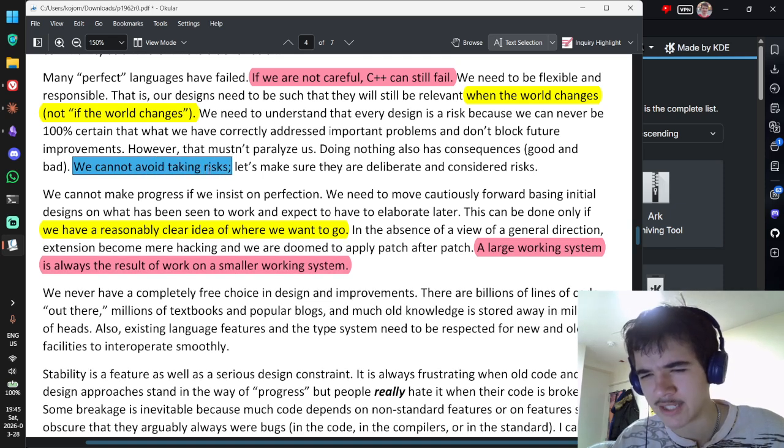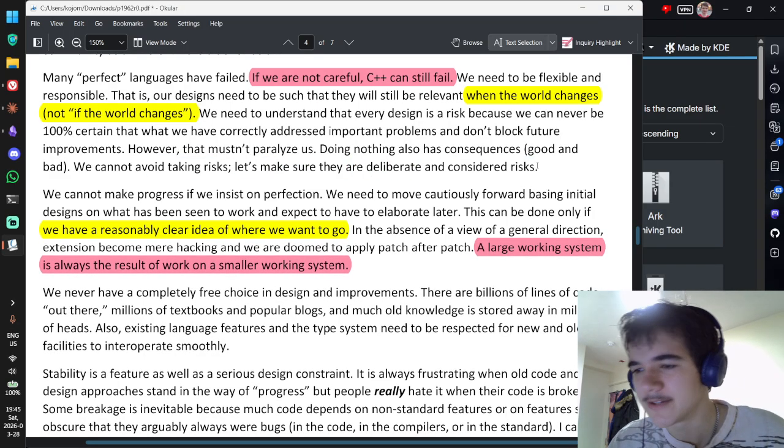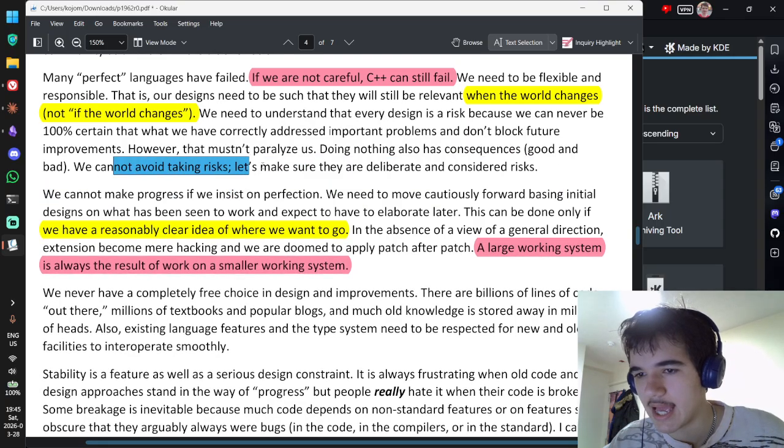So my question was, how do we avoid taking risks then? And as he says here, make sure they are deliberate and considered. But on a broader scale, I think the bigger question I want to ask is, when do we take risks?